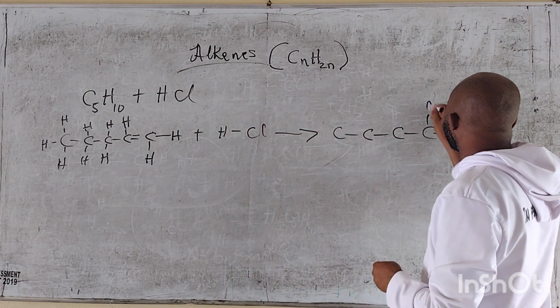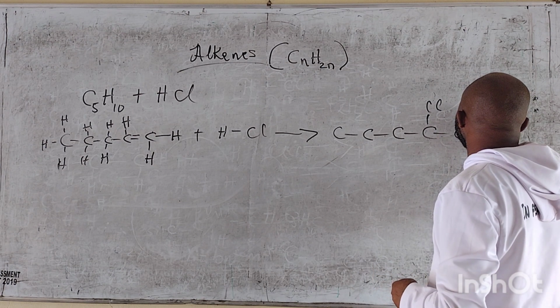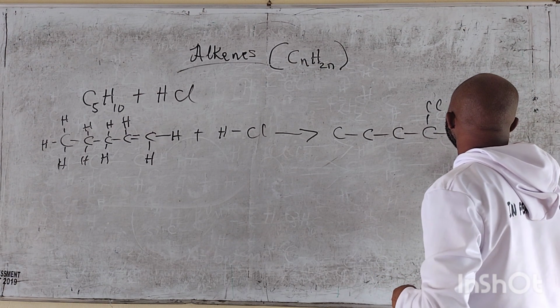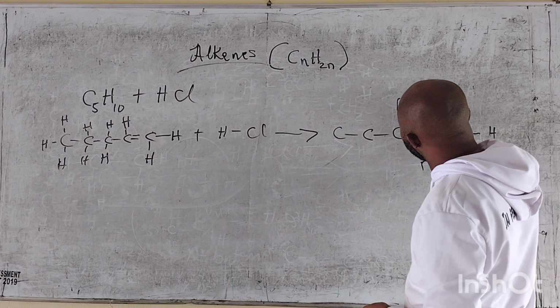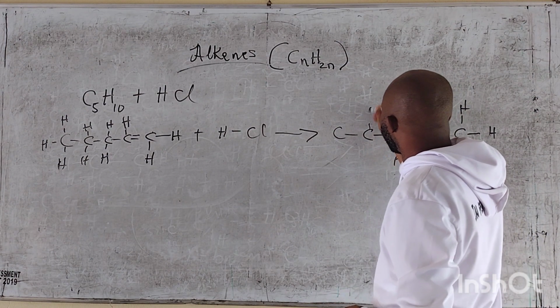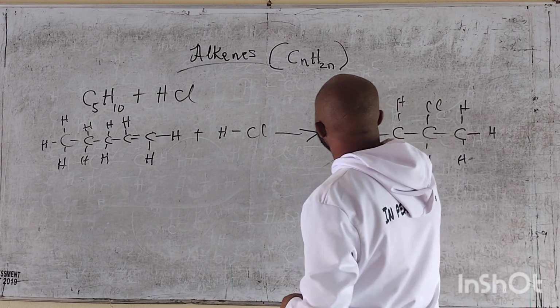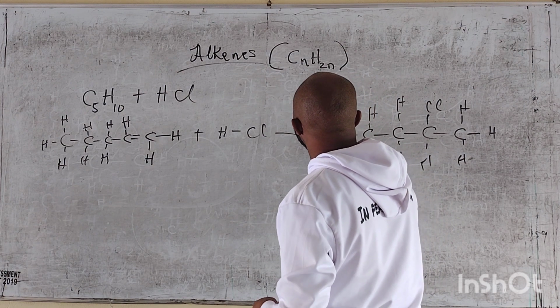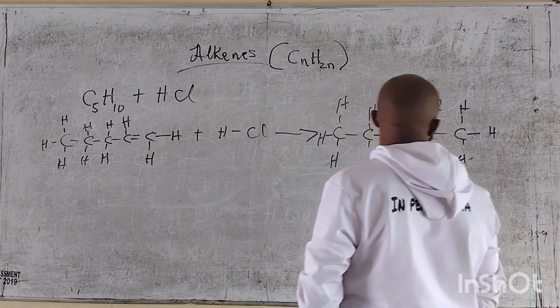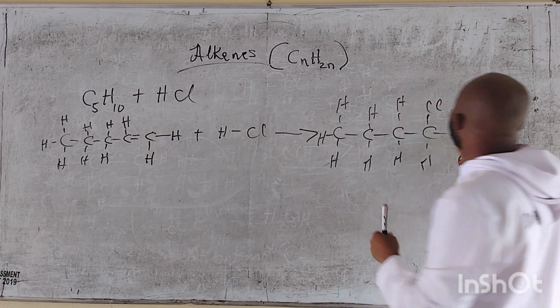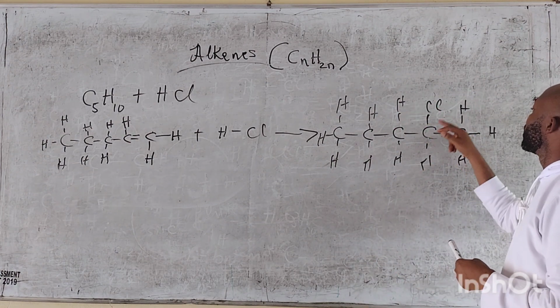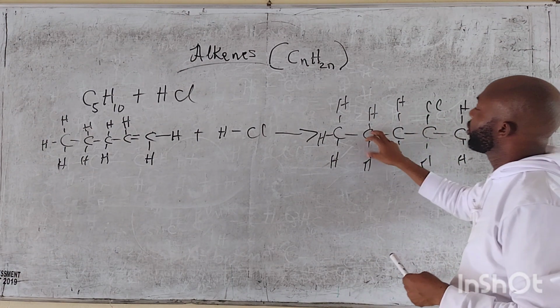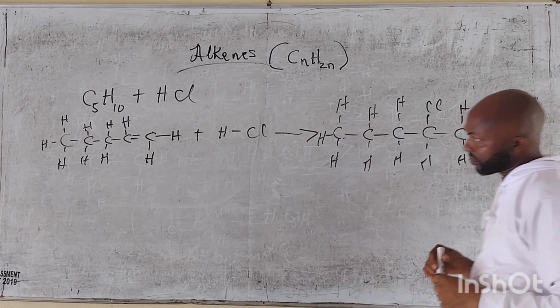Now I have my chlorine here, I have my hydrogen here, hydrogen, hydrogen, and so on we go, just like that. So remember it was an alkene, but now it is an alkane, and this is 2-chloro, it is in the second carbon, this is 2-chloropentane.